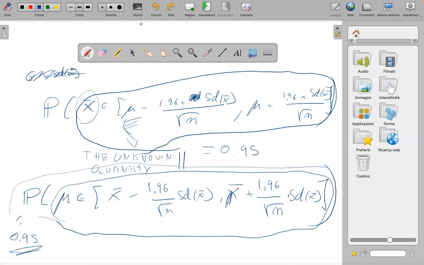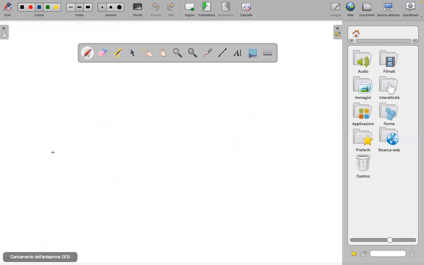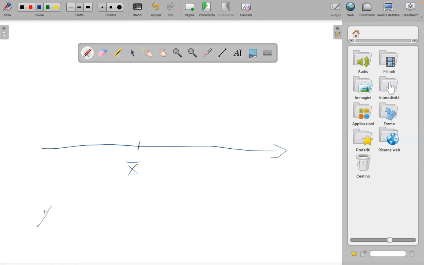Maybe it is better to see this problem from a practical point of view. You have your x bar, you want to find the real mu. You know that x bar will be in an interval near mu. It is the same thing as mu being in this interval.